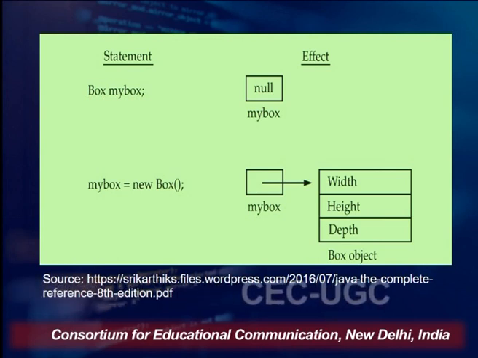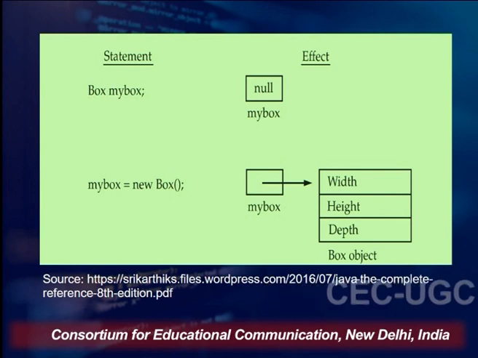As shown in the figure, when we say Box myBox, or let us say Box A, this is the creation of the variable A or myBox of the type Box. Here it is not really a variable, it is a reference, and this is a difference between how objects are created in C++ and how they are created in Java. One reference named myBox is created.